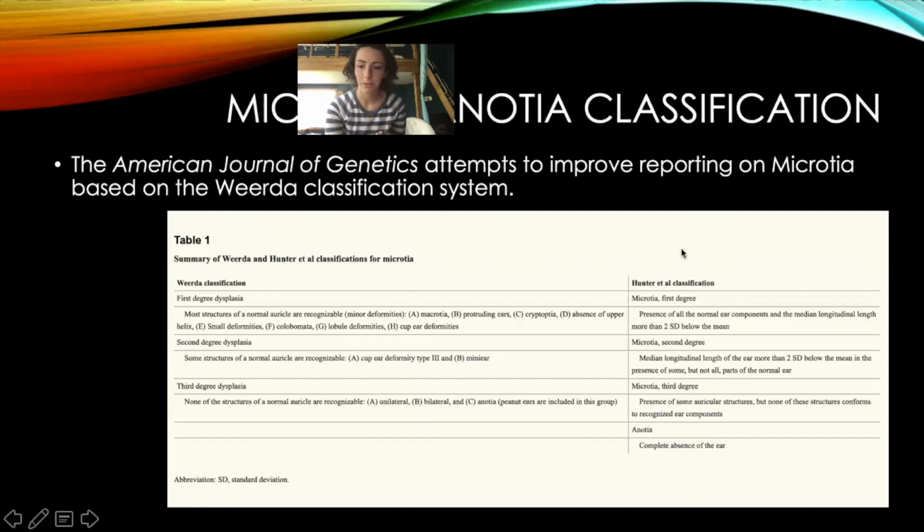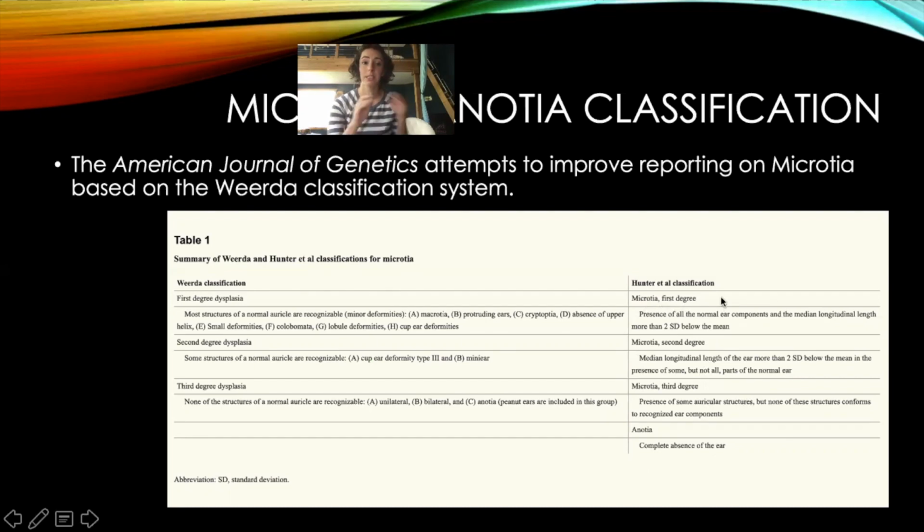This is the one I'm going to read from, but it's important because microtia encompasses a spectrum of congenital anomalies that range in severity from mild partial structural abnormalities to complete absence of the ear. So there has to be a classification system so one audiologist can tell another audiologist the degree and they have a common understanding. So looking here, it ranges from microtia first degree to anotia, complete absence of the ear.